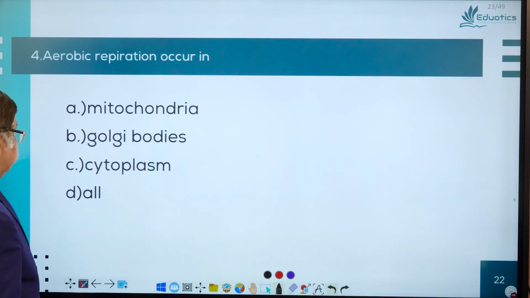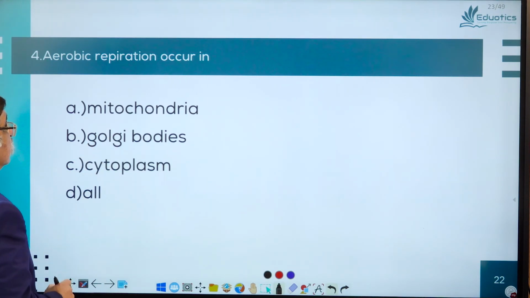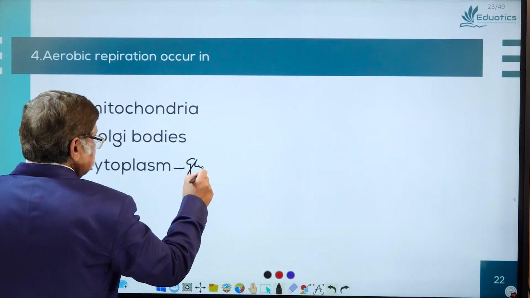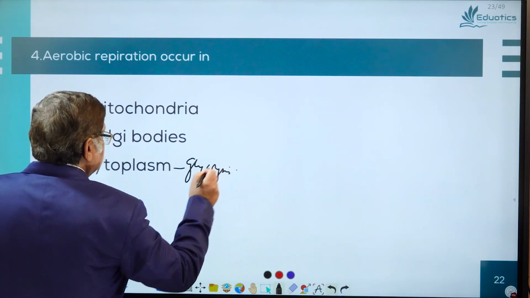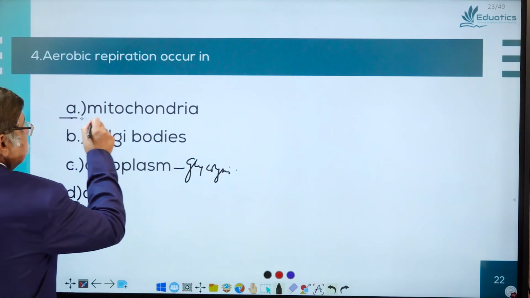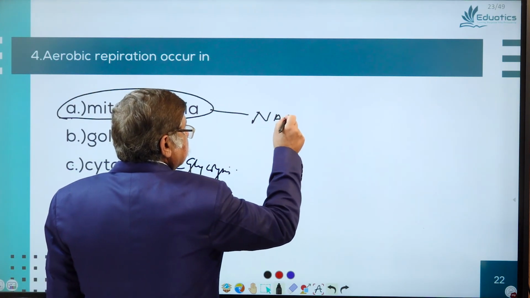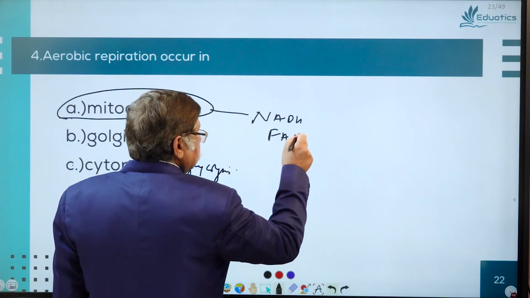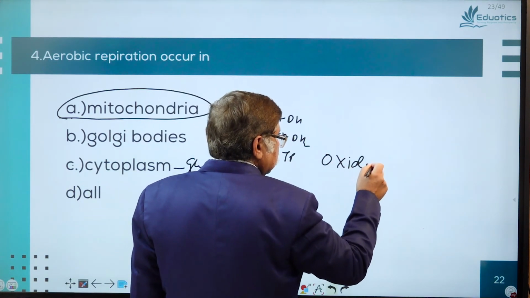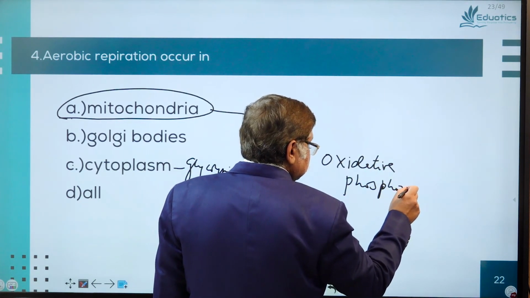Aerobic respiration occurs in mitochondria, Golgi bodies, cytoplasm, all. Although part of aerobic respiration, that is glycolysis, occurs in cytoplasm also, since both is not given as a choice, the right answer will be mitochondria, because it is in mitochondria that NADH, FADH2 and ATP will be produced through oxidative phosphorylation.